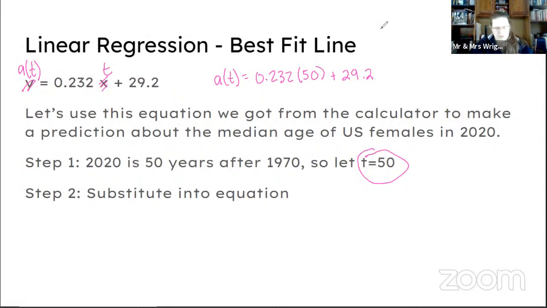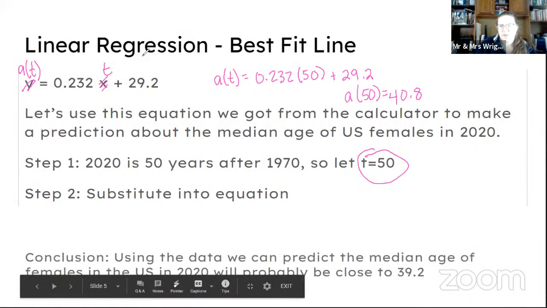And we have to plug this into our calculator. 0.232 times 50 plus 29.2, and I get 40.8. A of 50 equals 40.8.